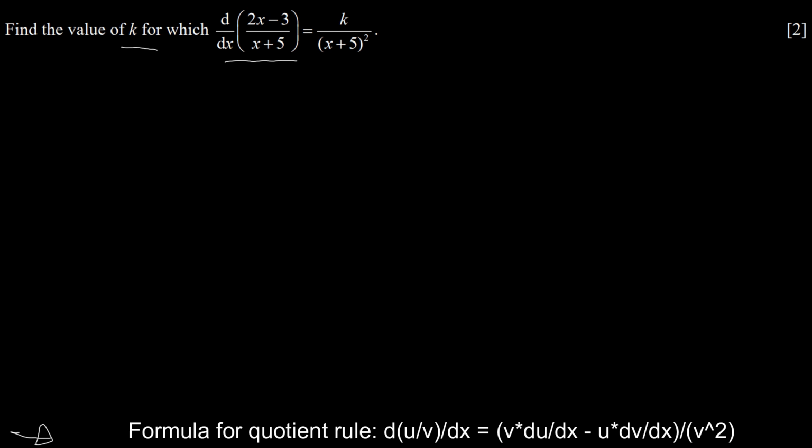Here for the equation we need to consider u equals twice x minus 3 as the numerator. This is the top part, u, and v equals x plus 5. So let me first write du by dx, the value we got from here, 2, and dv by dx, which gives us 1. Now we are going to apply the formula.